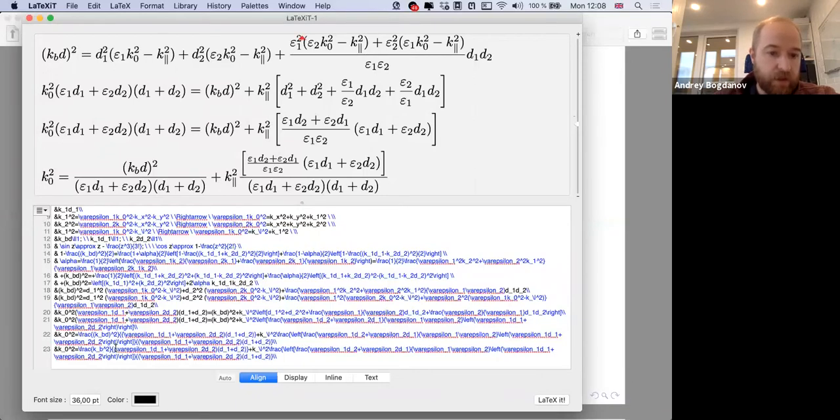And here in numerator, I will have, in denominator, I will have fraction here.